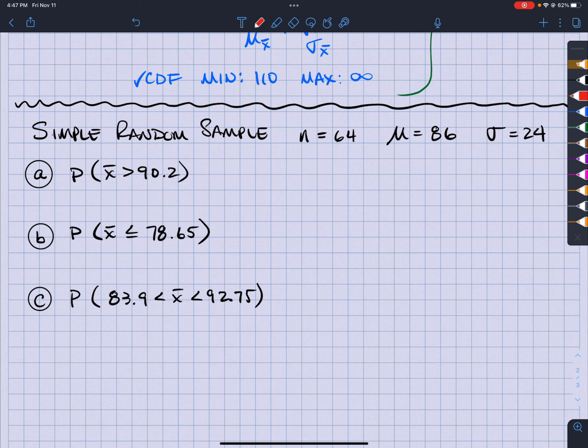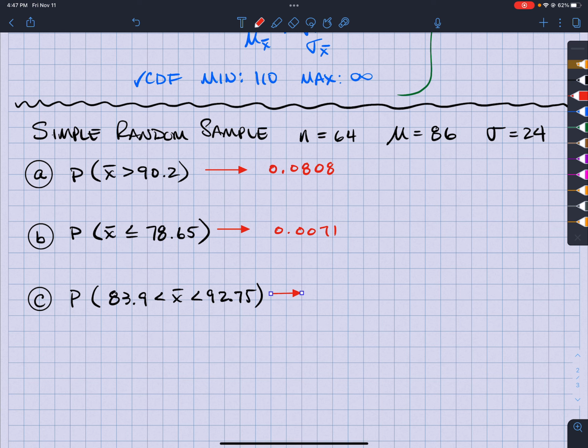You ought to get the probability that's greater than 90.2 should be about 0.0808. For less than 78.65, you should get 0.0071.